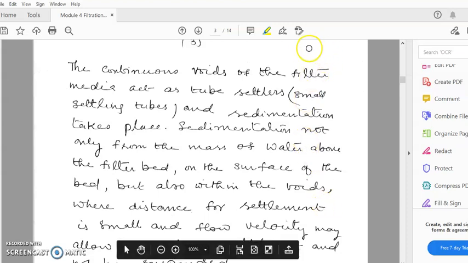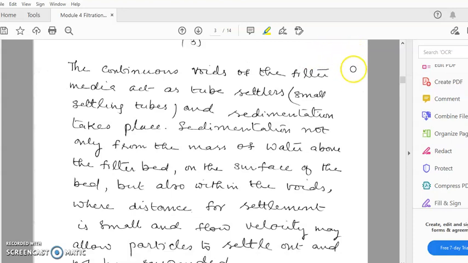We know that when the container is filled with sand, there is pore space within it, that means the sand has void space, and this void space will act as a tube settler.